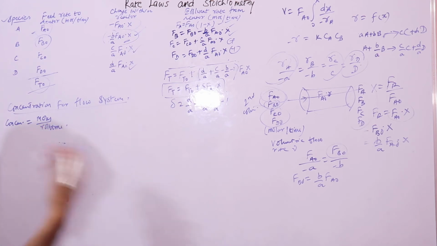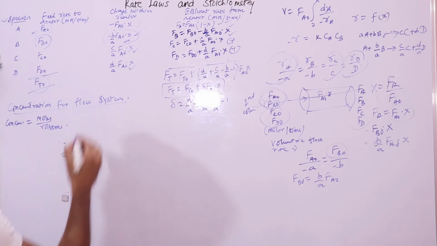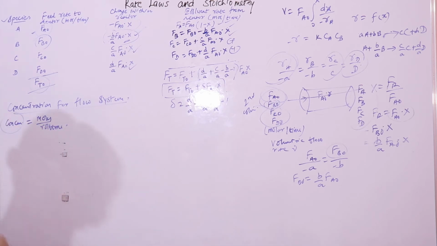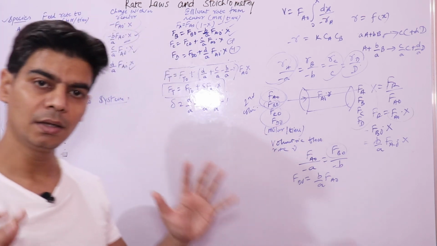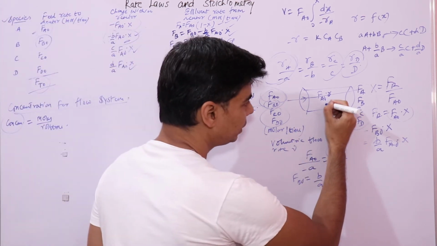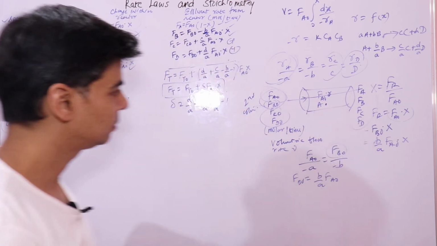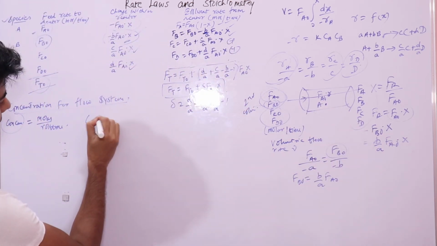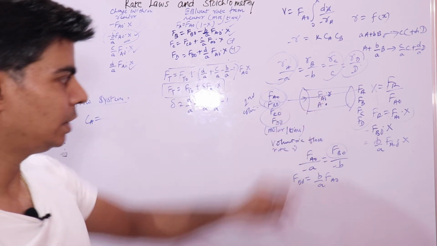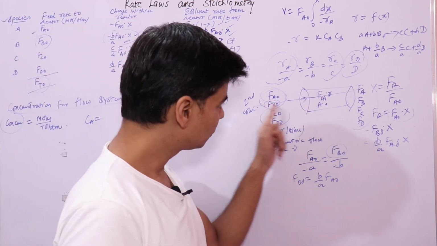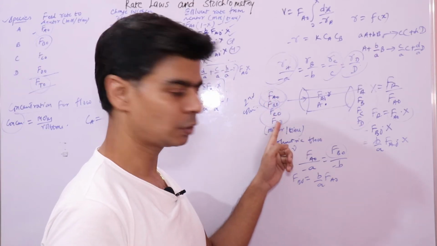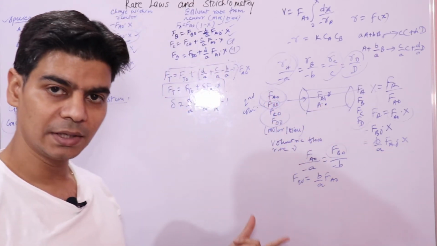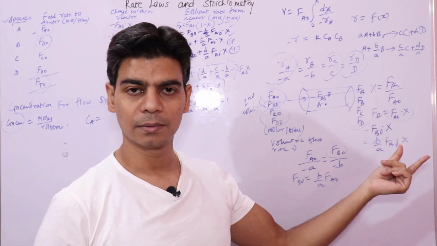So CA, the concentration at any point, would be equal to the flow rate of these reactants and products divided by the volumetric flow rate.